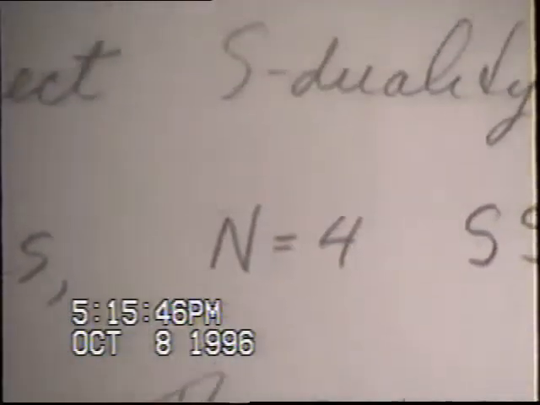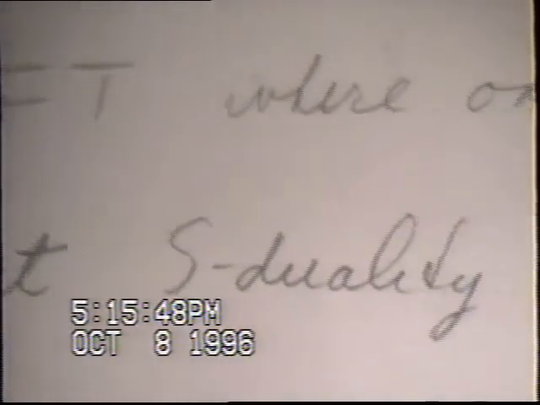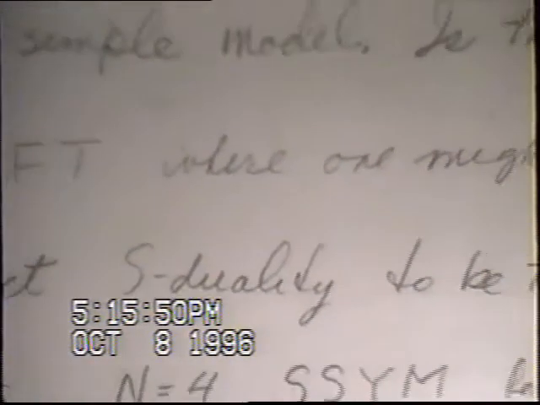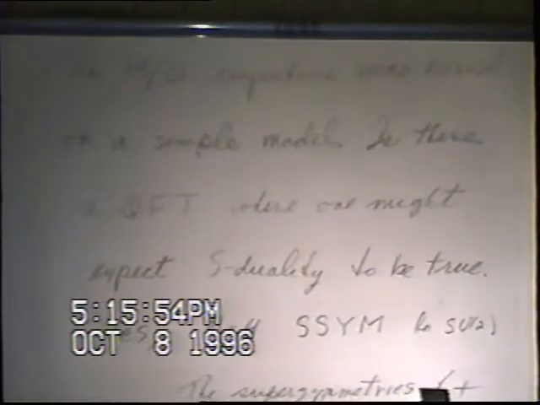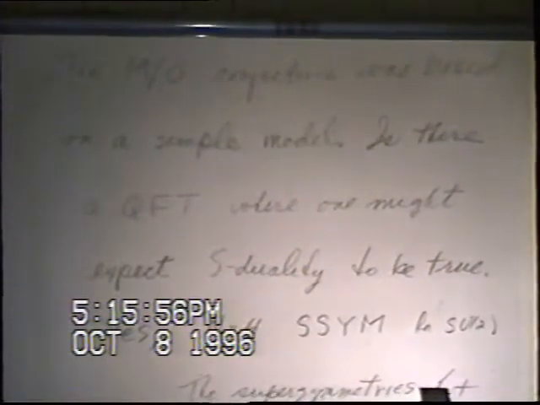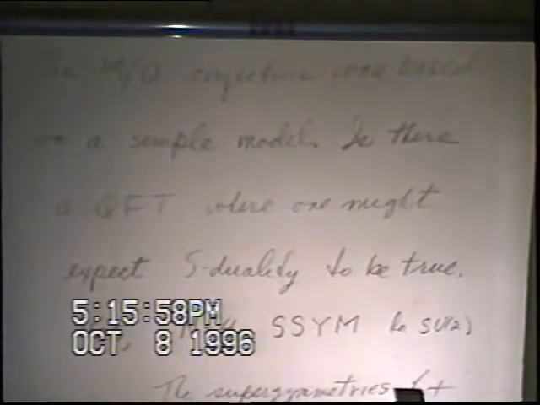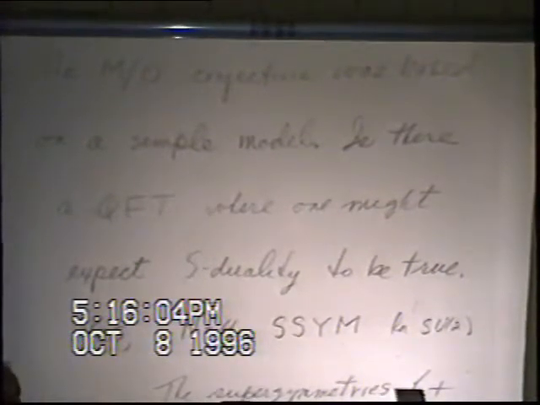The Montonen-Olive conjecture was based on this simple model. Is there a quantum field theory where one might expect S-duality to be true? You want to think of that model as saying, well, it's rather enticing, but can I actually either exhibit or construct a quantum field theory for which there's a ghost of a chance that this interchange between electric and magnetic will really take place?